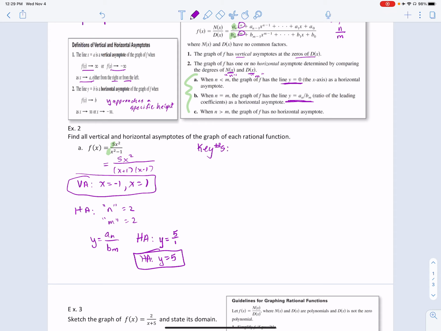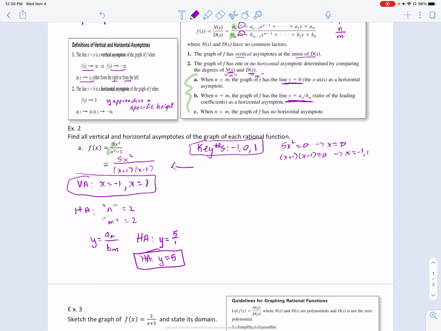Key numbers are what makes the numerator equal to 0: 5x squared equals 0 when x is 0. And what makes the denominator 0? x plus 1, x minus 1 equals 0. That happens when x is -1 or 1. And so my key numbers are -1, 0, and 1.